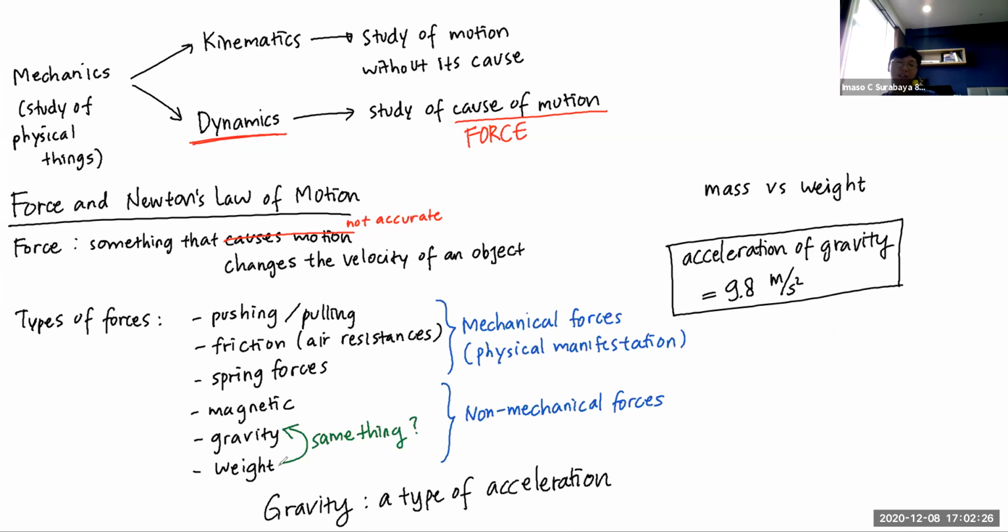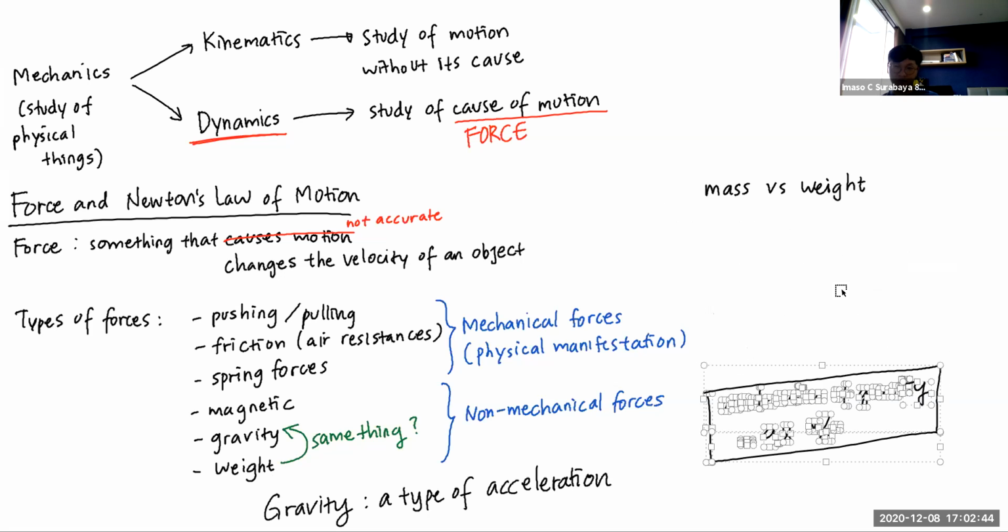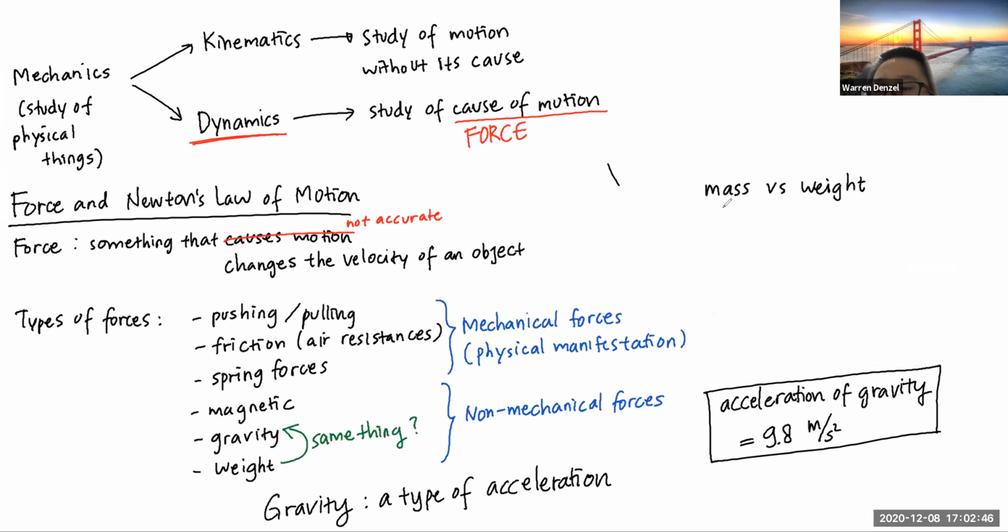Weight is the force acted on something that has mass because of the acceleration of gravity. We will talk deeper about that later. So again, what is the difference between mass and weight? Mass is basically the amount of stuff inside you.